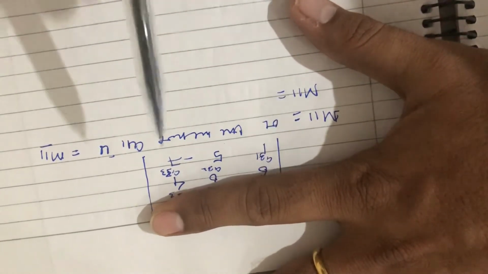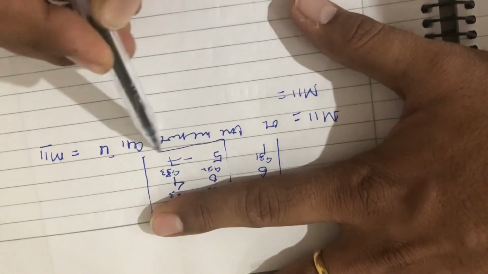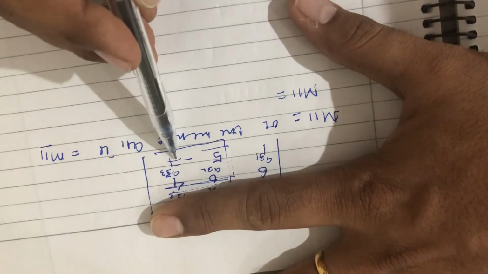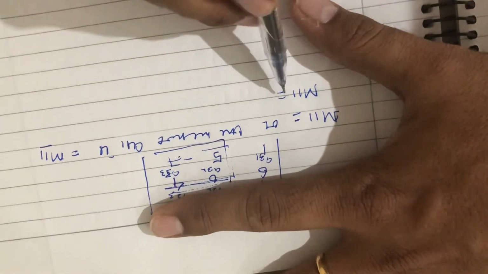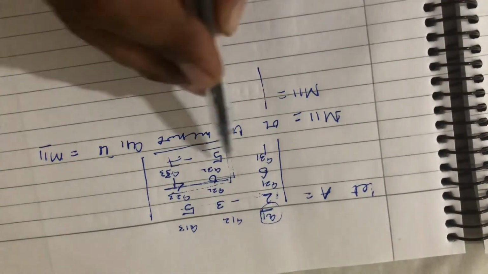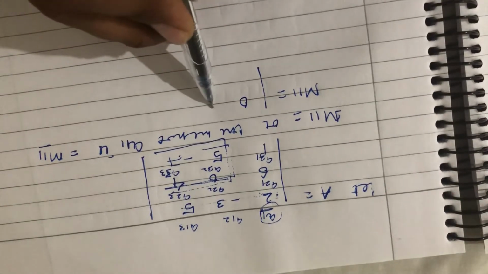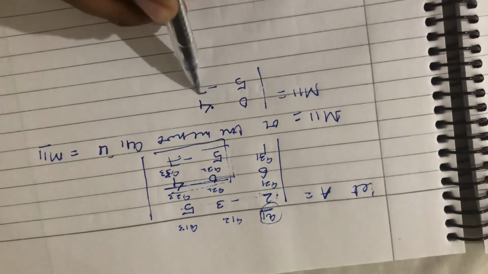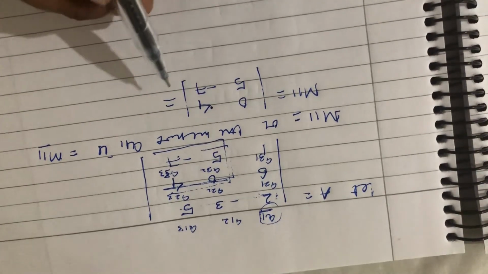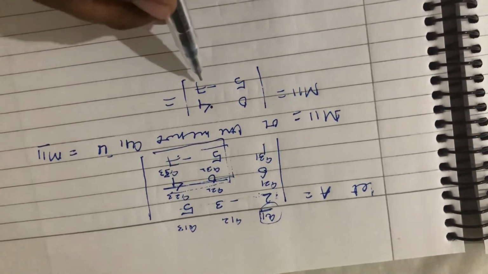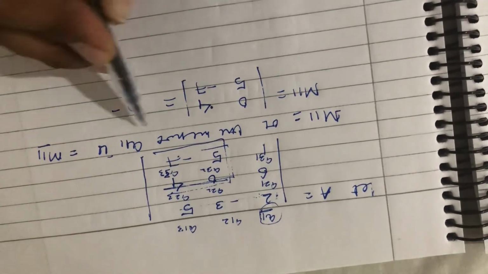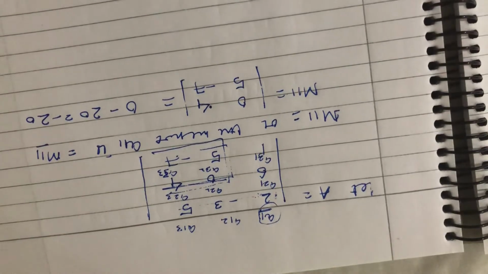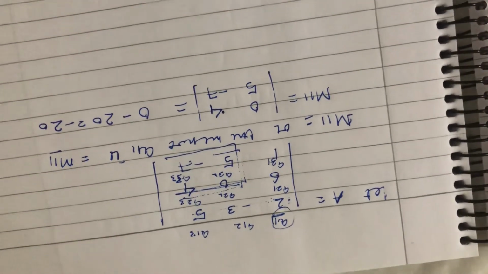Then we have 4 elements. Take the product: it is 0, 4, 5 and -7. We want the value of this: 0 times -7 minus 5 times 4, it is 20, so minus 20. The value of M11 is minus 20.